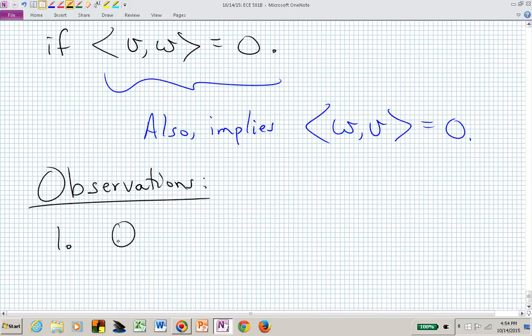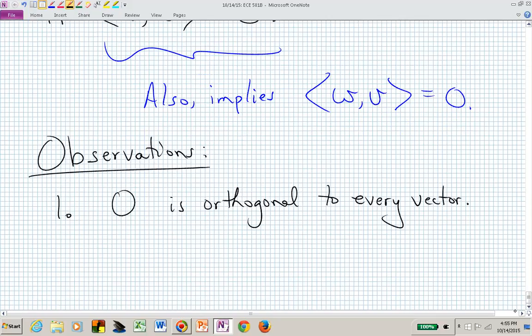What if I gave you the 0 vector and said what vectors are orthogonal to the 0 vector? All vectors, right? You can say, well, it's orthogonal to everything. So the 0 vector is orthogonal to every vector, which means now if the 0 vector somehow ends up in one of the slots, you know the inner product is 0.